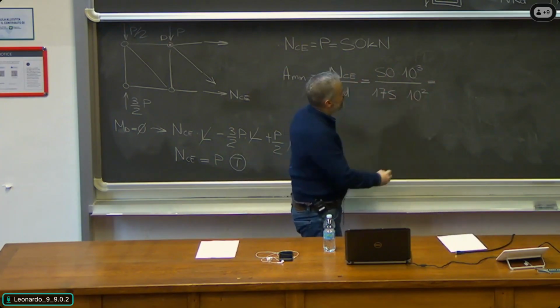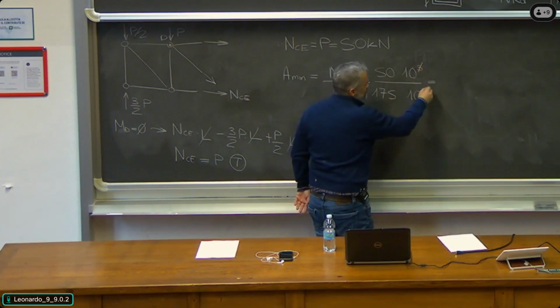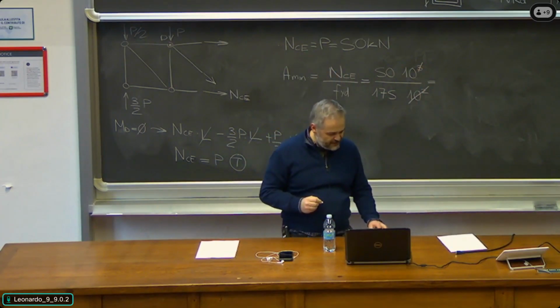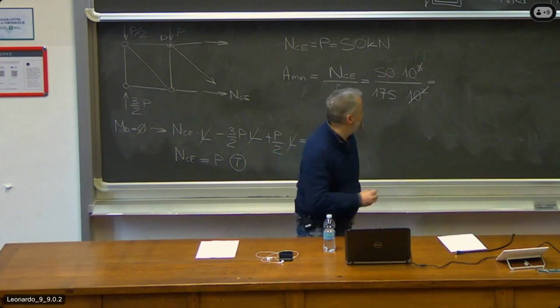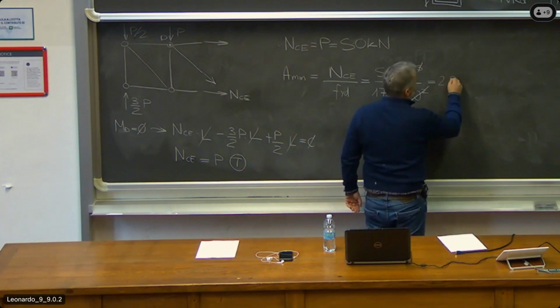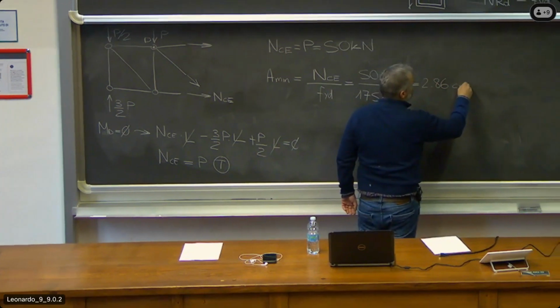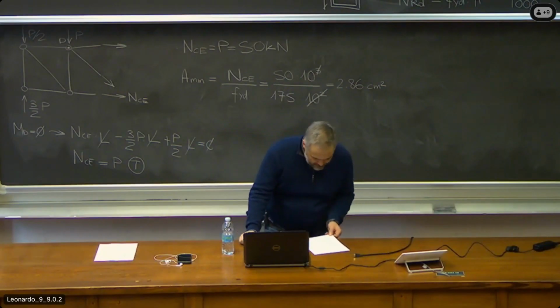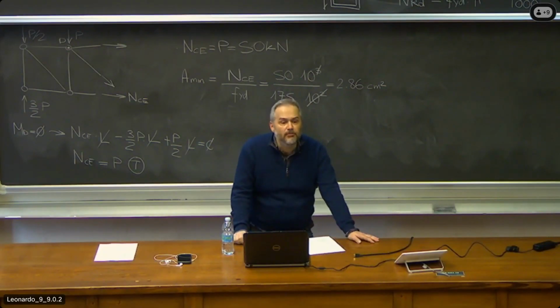So I can cancel out this 3 with this 2, and my calculation, therefore, is 50 times 10 divided by 175. Result is 2.86. This is the minimum area I have to provide.